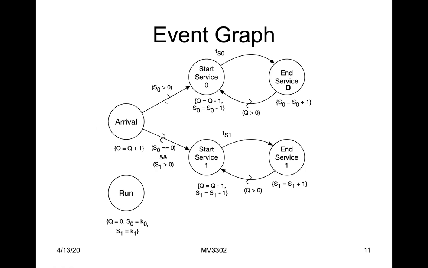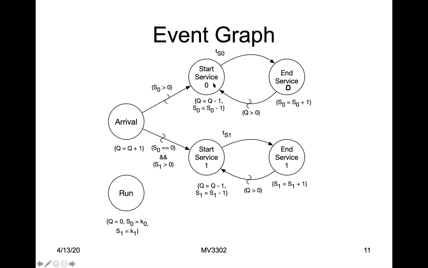When the arrival occurs, one possibility would be there are no servers available at all of either type. Then nothing gets scheduled and the increment in the queue just stands. The second possibility would be if there is a type 0 server available, but all the type 1 servers are busy. Okay, in that case, it's pretty clear we would start service on the type 0.